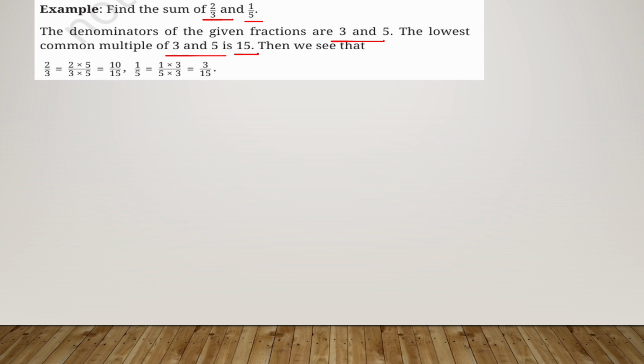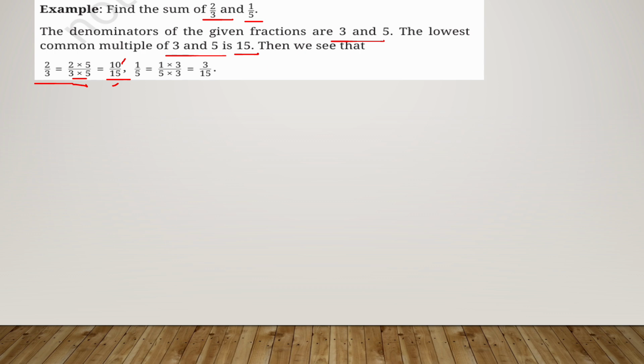Then you have to convert 2 by 3 into an equivalent fraction such that the denominator is 15. So 3 into 5 is 15. So you have to multiply the numerator also by 5. So 2 into 5 is 10, and 3 into 5 is 15.